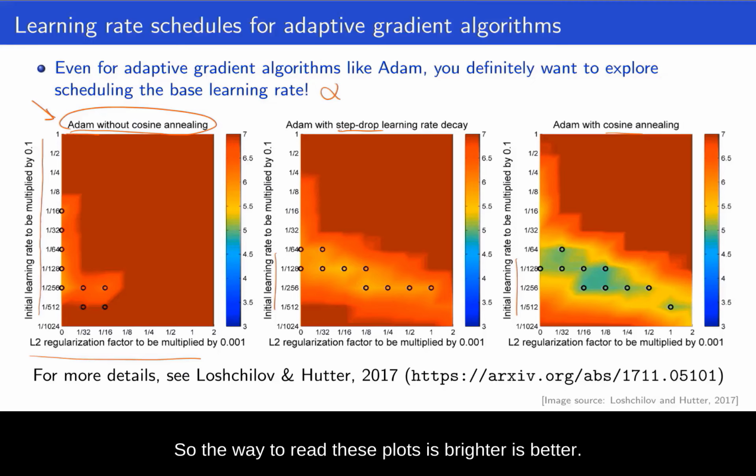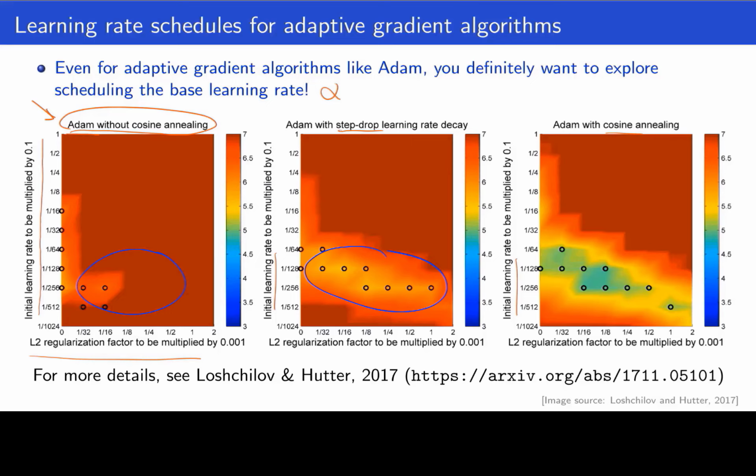So the way to read these plots is brighter is better, and you see that this area here is much brighter than this area or than any area here, and so there could also be parts with different learning rates or different weight decays that could work well. But it tends to work well on the left here, but this is already 0, so we can't move further that way.